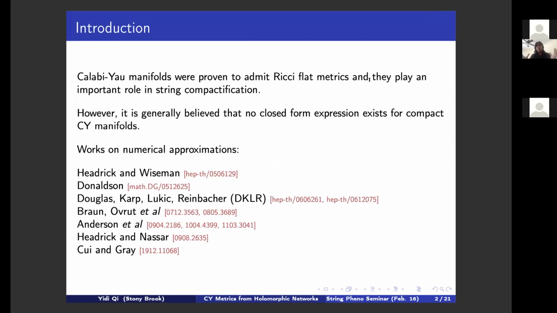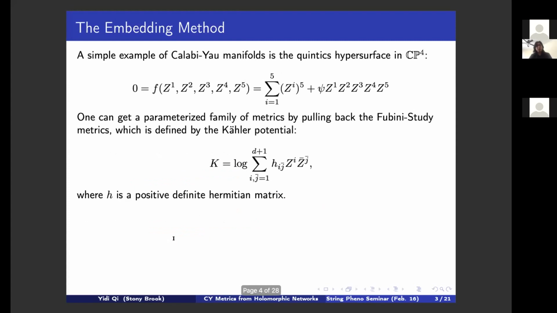There has been a fair amount of work on this. It starts from Donaldson's method, and is further developed by the DKLR paper, and also some other very interesting papers, such as the ones by Headrick and Nassar. I think many of you are already familiar with this, but let me briefly review the idea of what we call the embedding method.